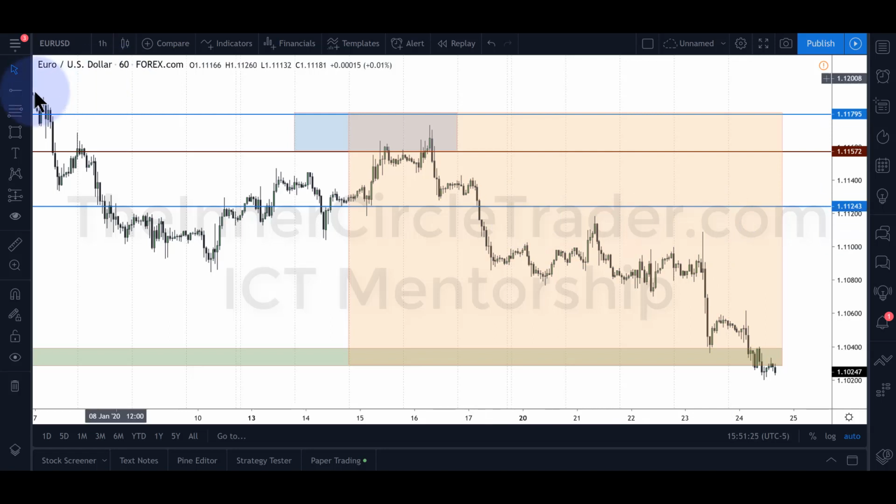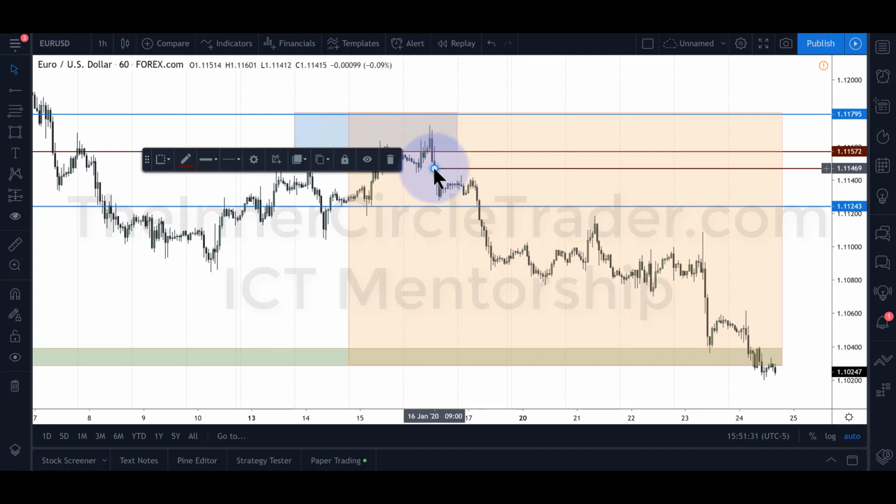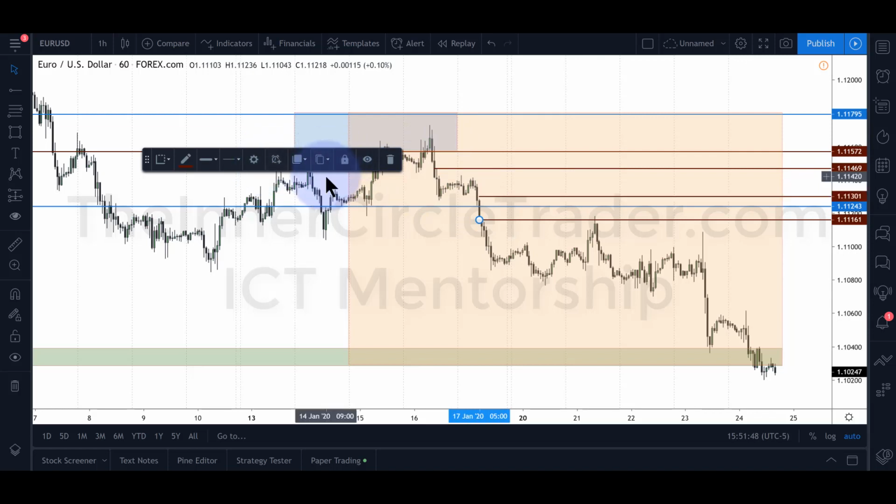And now, institutional order flow intra-week. When we trade the fair value gaps, your setups will form by retracing back to premium arrays in one of two manners.